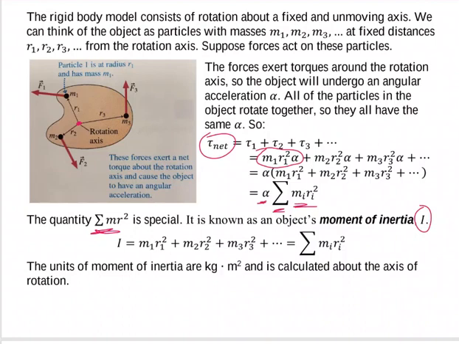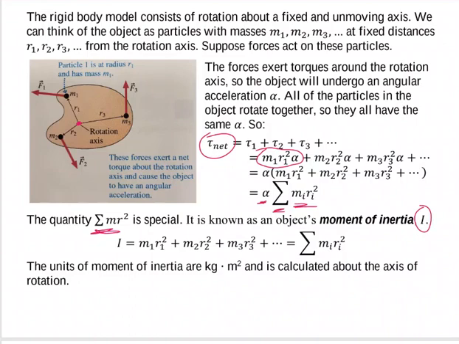The units of moment of inertia are kilograms, because that's mass, times meters squared, because that's the radius squared, and it is calculated about the axis of rotation. Now, it's going to be simpler than the sum of m r squareds for moment of inertia, but that's how you calculate moment of inertia.